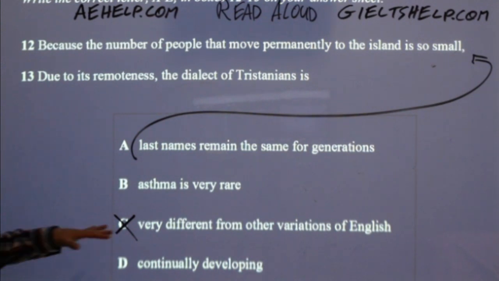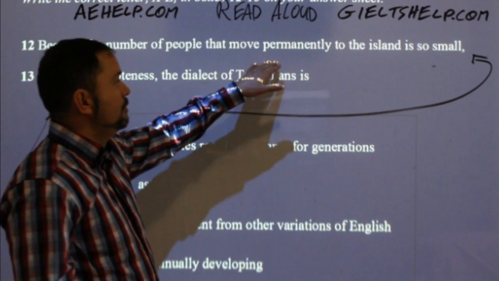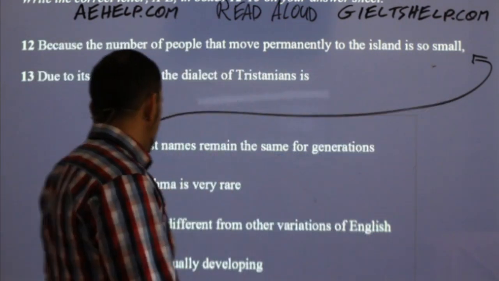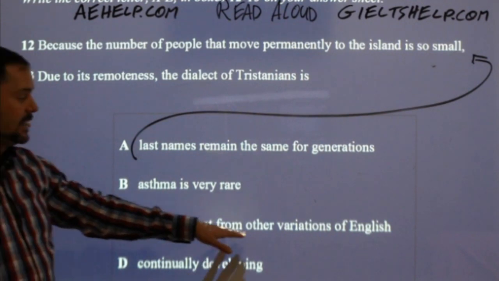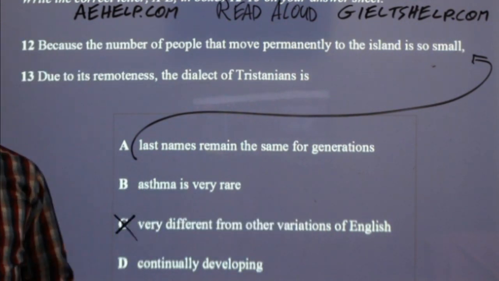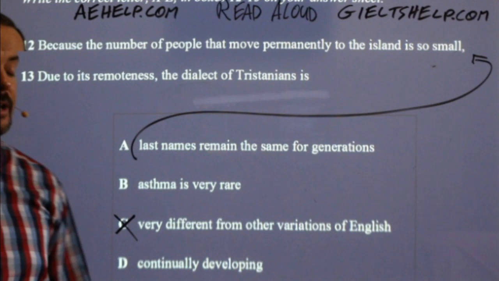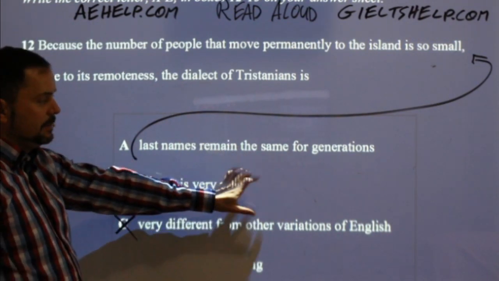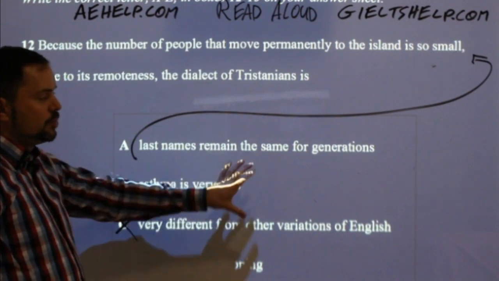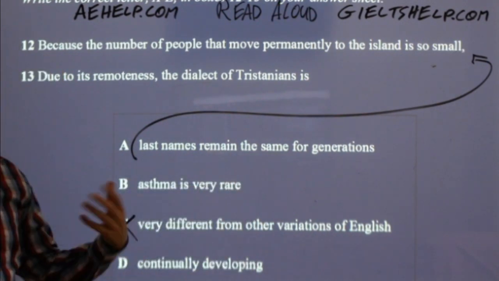There's never two correct answers, but if it were "there is a very different dialect of English," then that could be a correct answer, but they'll never do that. So if you see two answers that seem to be correct, check which one is grammatically accurate, and that one is the right answer.